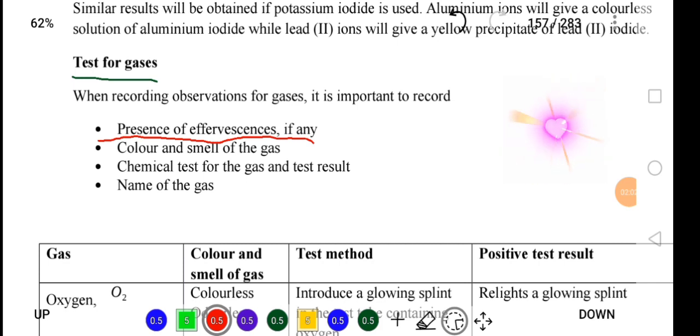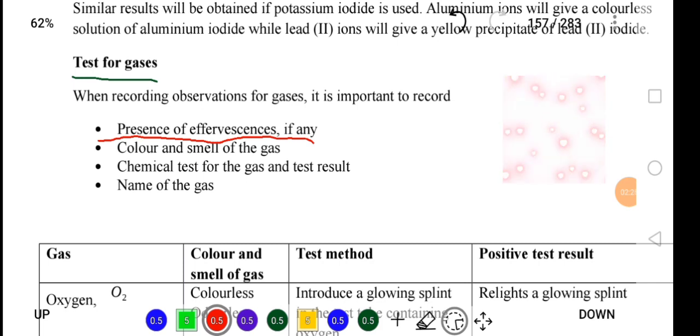It is very important for you to report that you observed the production of bubbles. That indicates that indeed a gas is being given out, because that is enough evidence to show that there is a gas which is being produced from the solution.